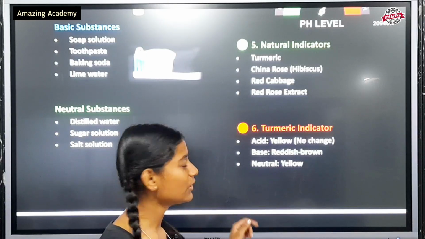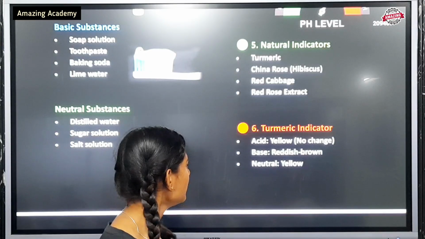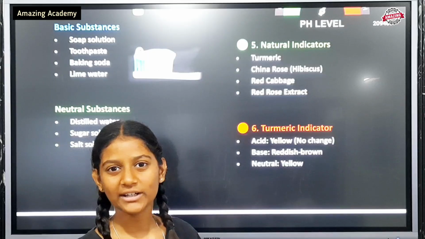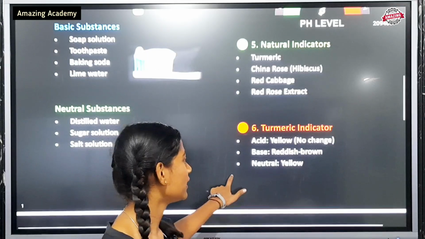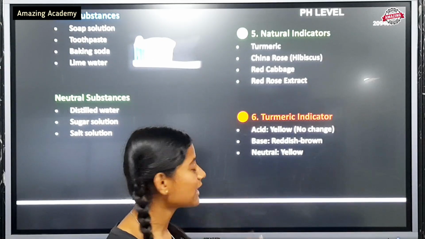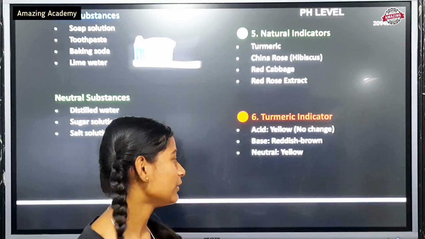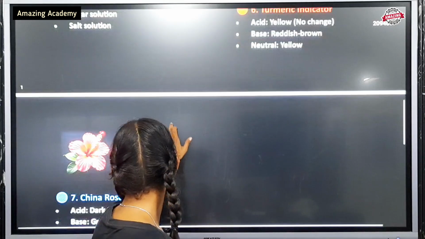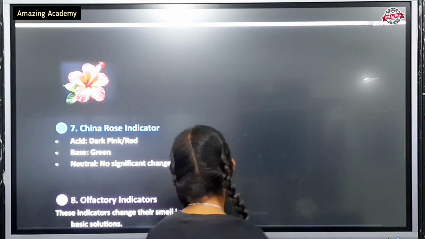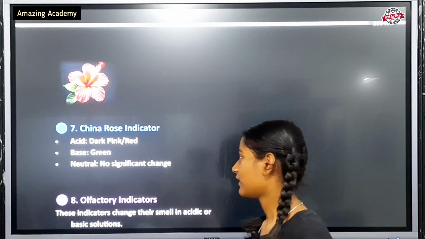In acid, the yellow color does not change. When it comes in contact with a base, it changes its color to reddish brown. In neutral substances it doesn't change, because, as I told you, neutral substances don't change any colors.